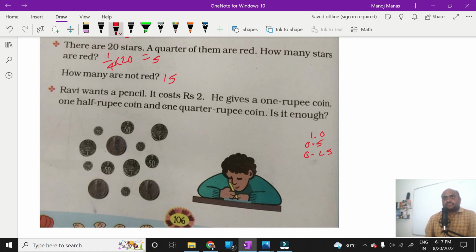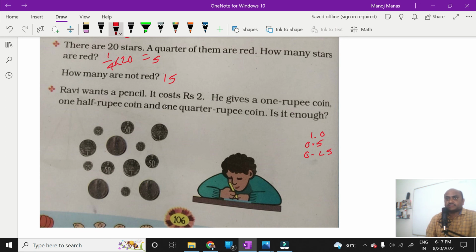Is it enough to purchase a pencil? Pencil is costing around 2 rupees, right? So 1 rupee plus 50 paisa and 25 paisa. He is short of 25 paisa, which is nothing but a quarter rupee coin.